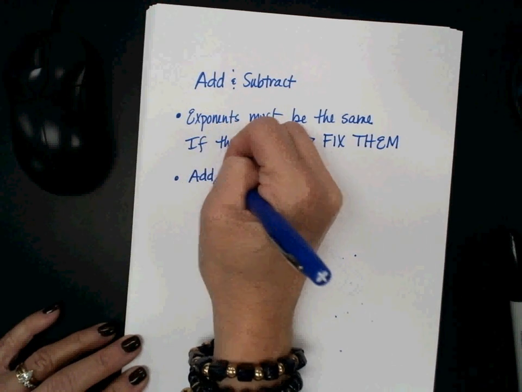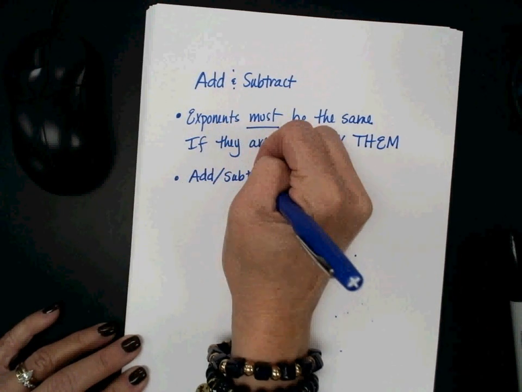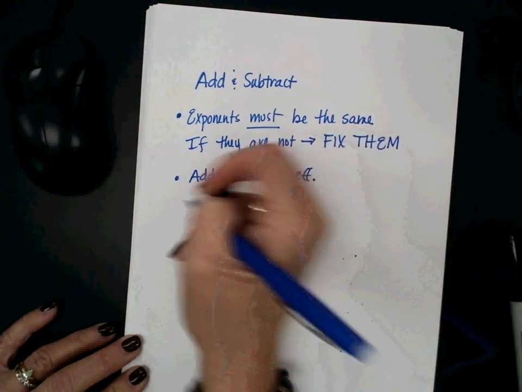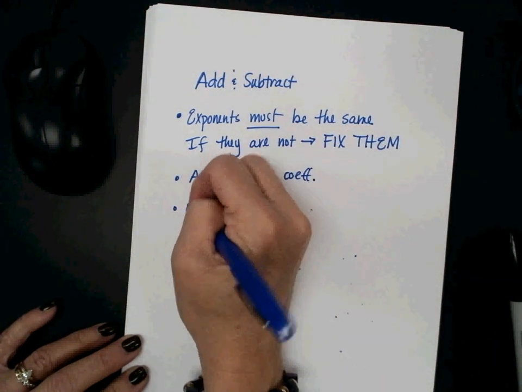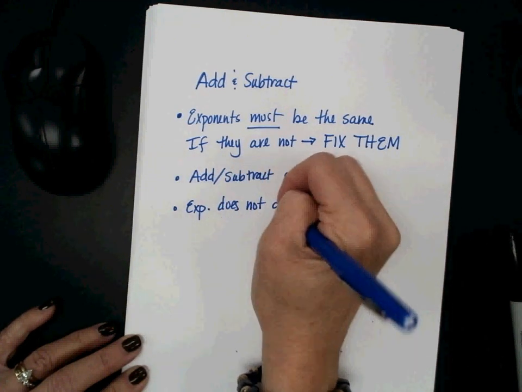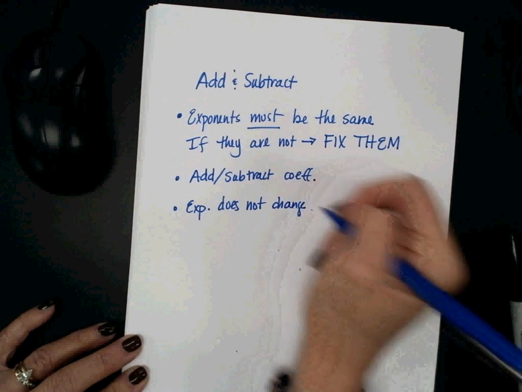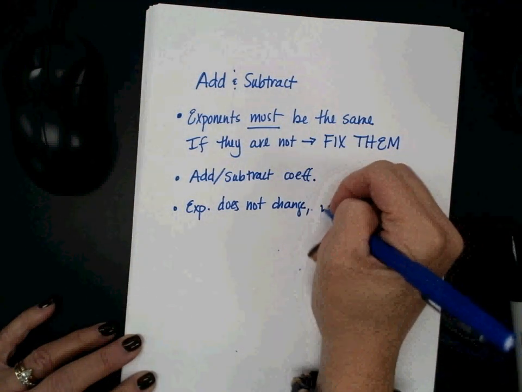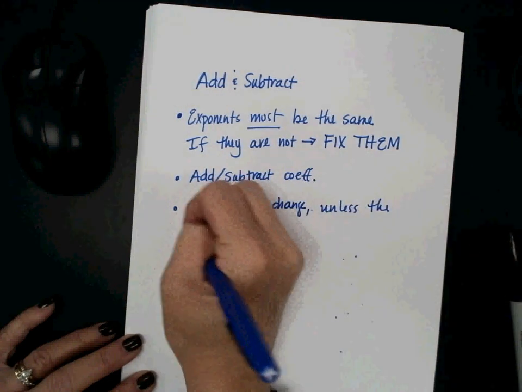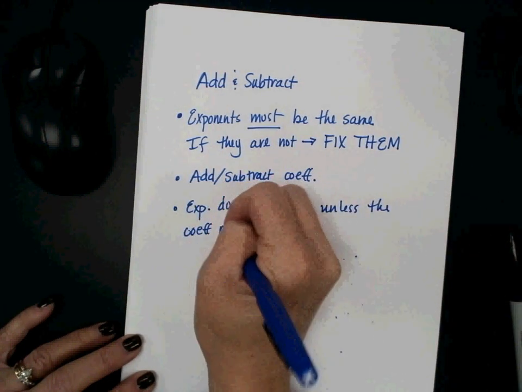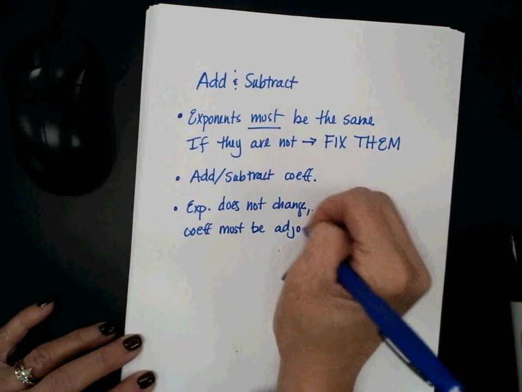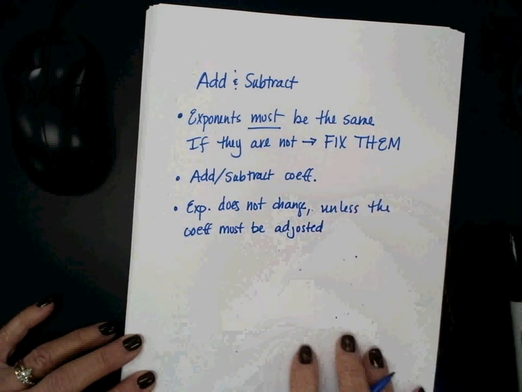Then you're going to add or subtract coefficients. The exponent does not change unless the coefficient must be adjusted. That means we have to fix it to fit form.